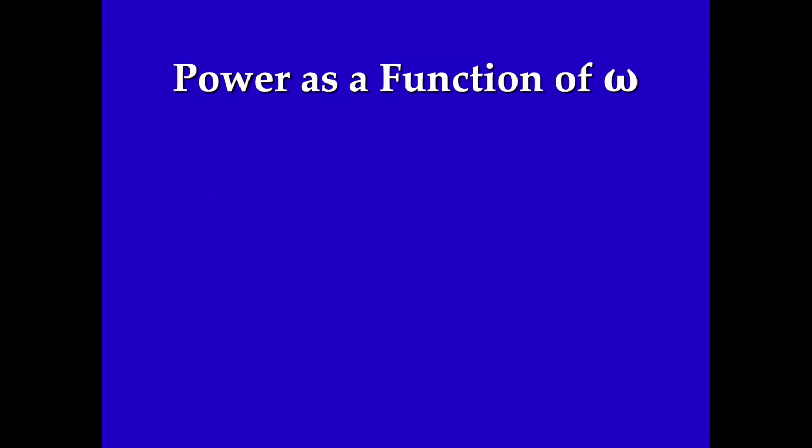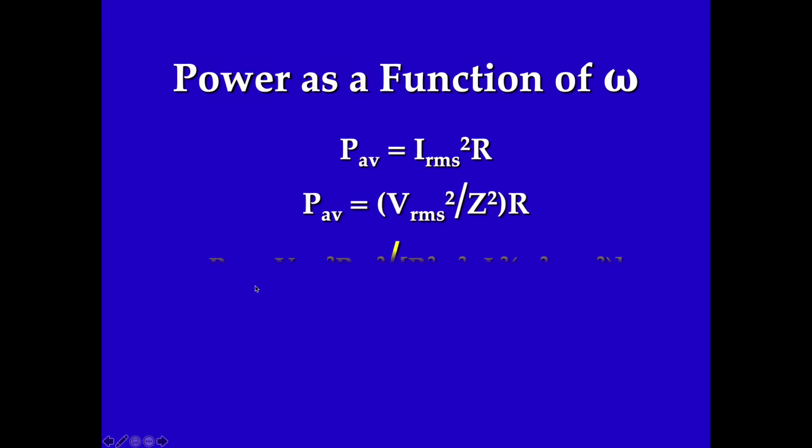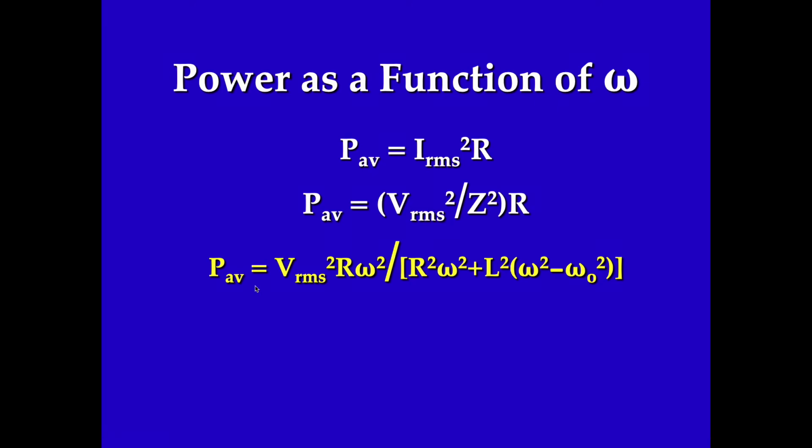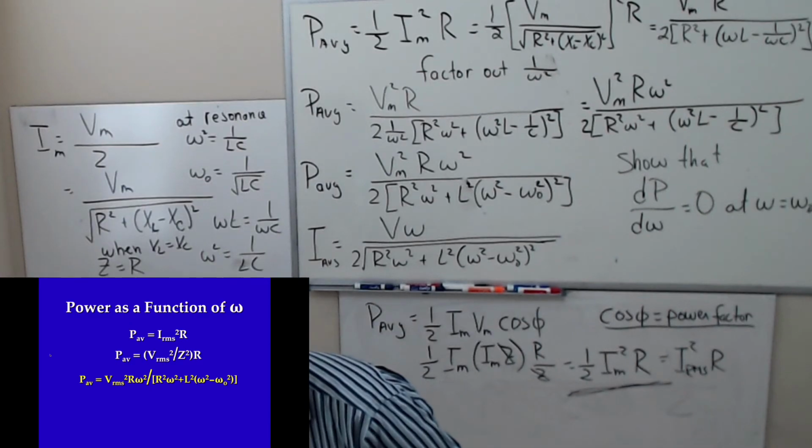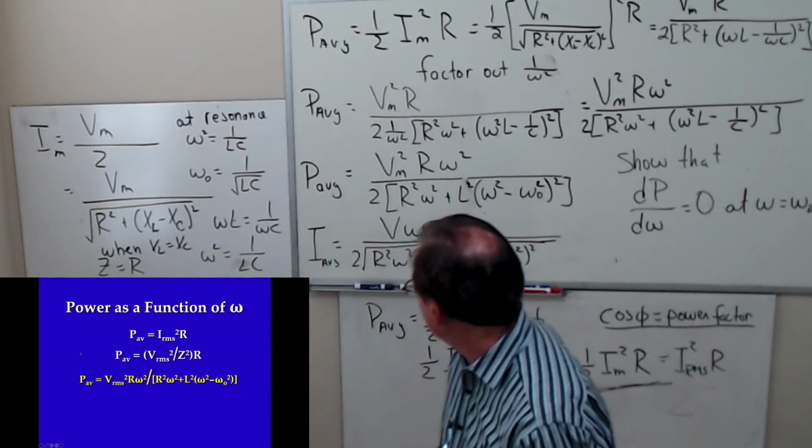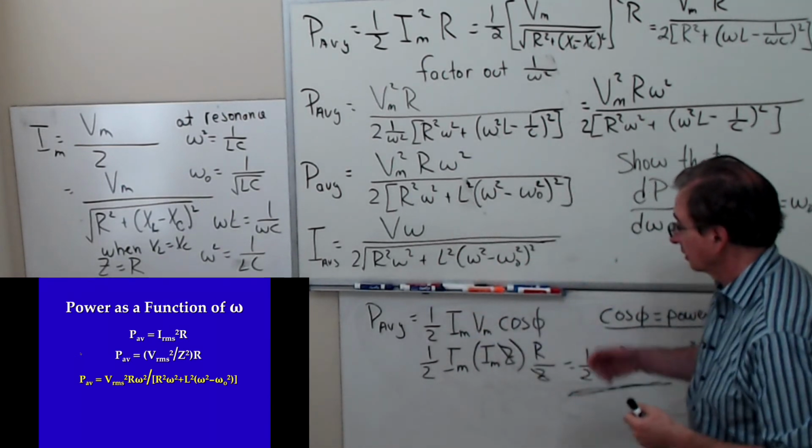Okay. Now, I've already gone through this. I went a little bit ahead of myself, but I wanted to do that. Again, the power as a function of omega can be written in this form like I have on the board. And we can plot this graph too.